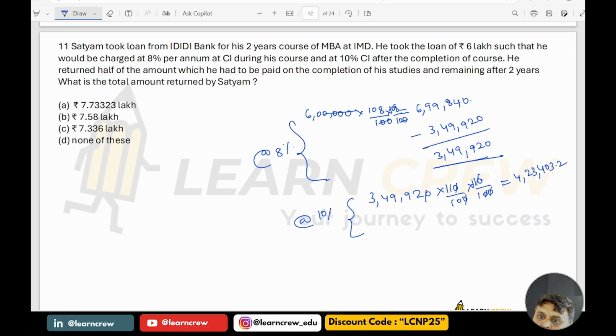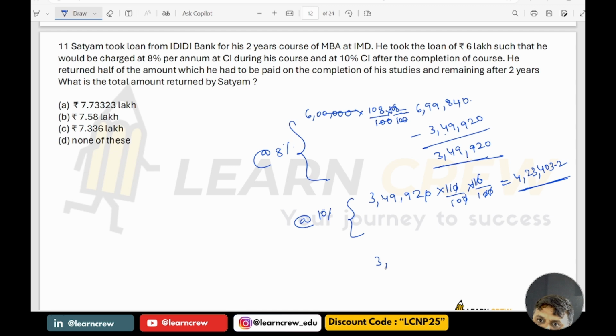At the end of 2 years, if he has to return the total on 6 lakhs, he has to return 6,99,840, but he is returning only half. So on the remaining half for the next 2 years, compound interest, he has to pay 4,23,403.2 rupees to repay the entire loan.